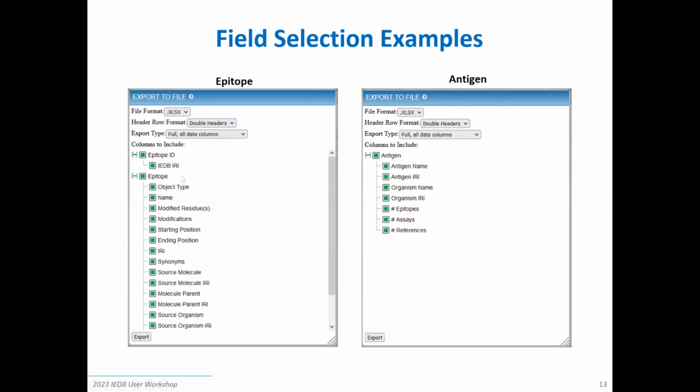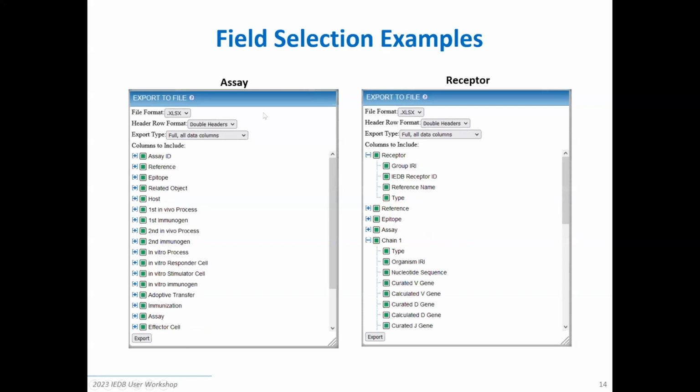And then you have the epitope section and all of its various fields. Antigen is a little special because it only pretty much shows what is displayed in the tab, but that may expand in the future as we work on other features with antigens, which I might speak about in another presentation, I'm not sure.